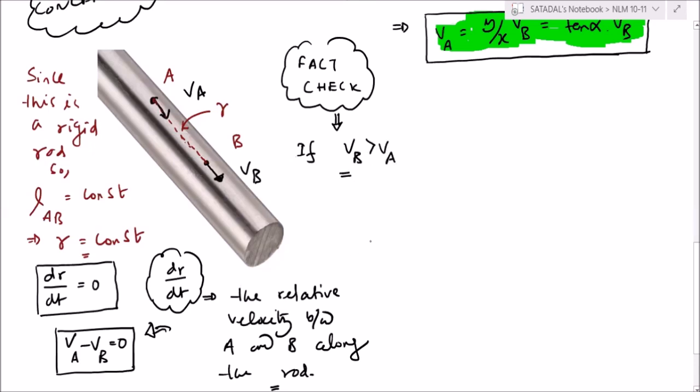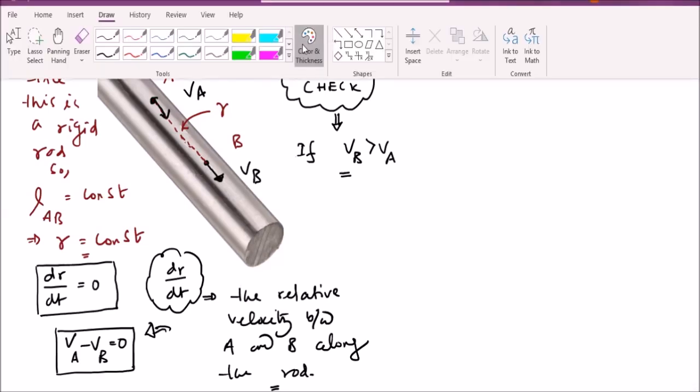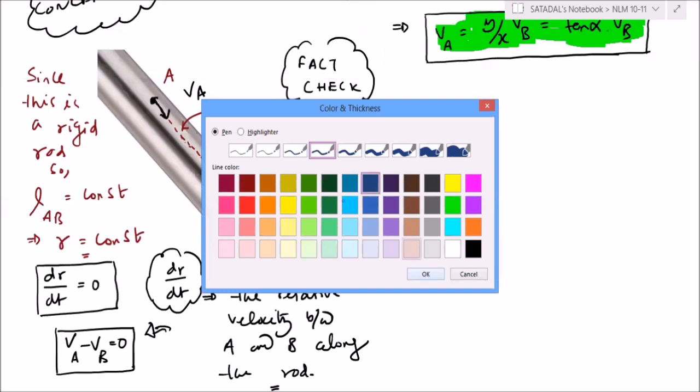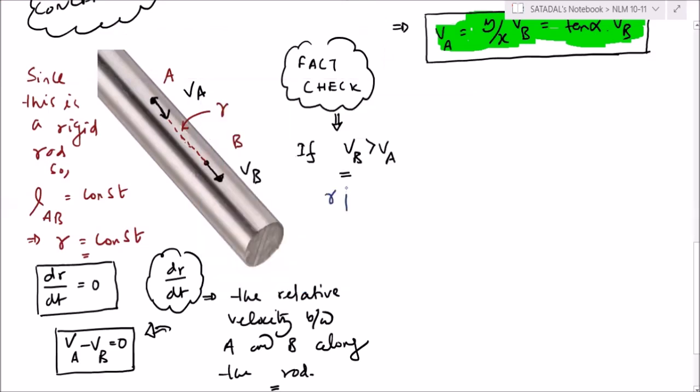If VB is greater than VA, what will happen? Can I write that R will increase? If VB is greater than VA, the separation between A and B will increase. It's not that difficult to think. It's easy only.